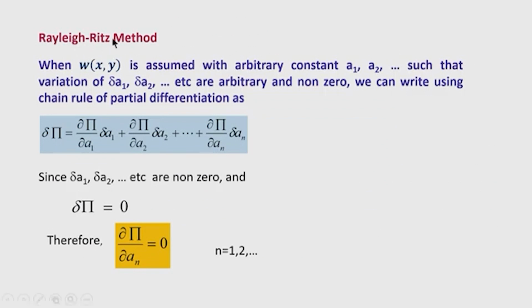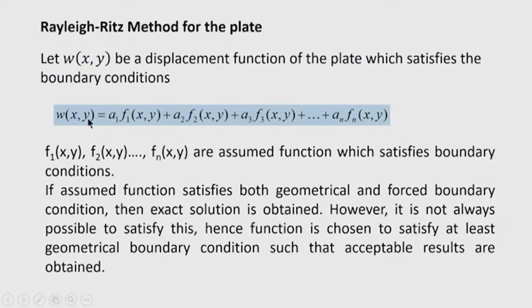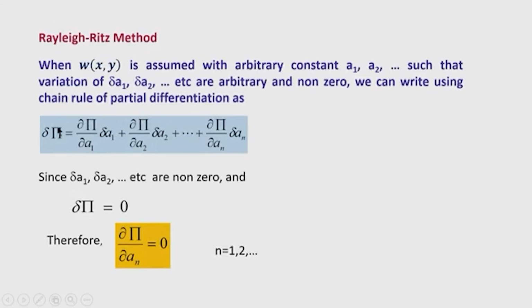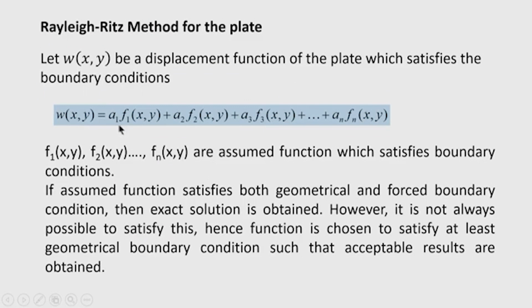So, how is Rayleigh's method derived? We know the total potential pi contains the strain energy as well as the work done, which are also dependent on the displacement as well as its derivatives. So, therefore, this total potential pi is also a function of the unknown constants a 1, a 2, a 3 etcetera. Okay.